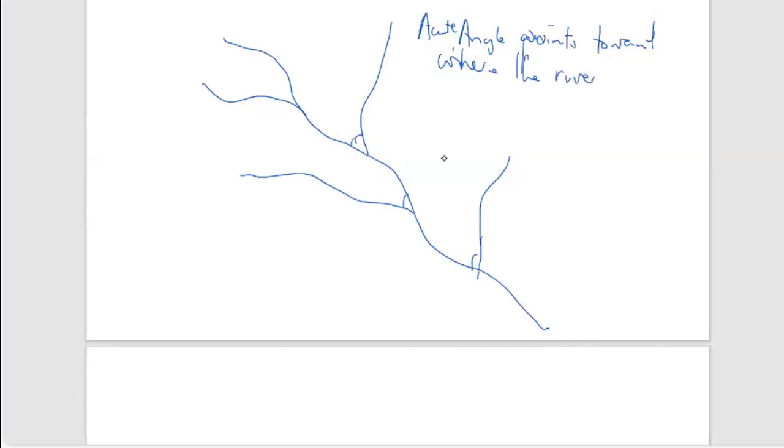So whenever you look at the angle at which the tributaries join the main river, if the acute angle is pointing towards the northeastern side, it means the river is going towards the south western side. So this river is going towards this direction here.